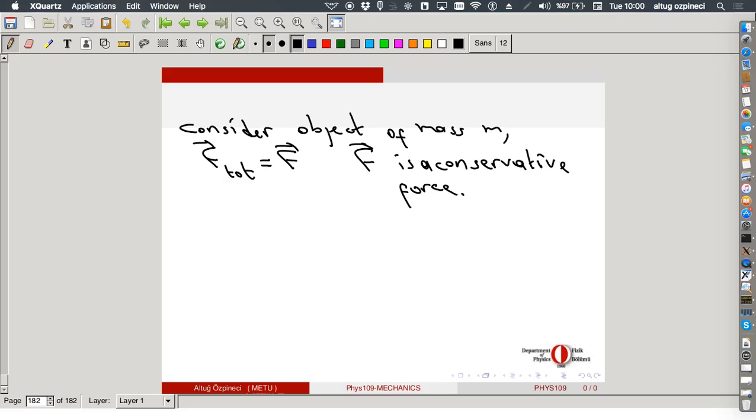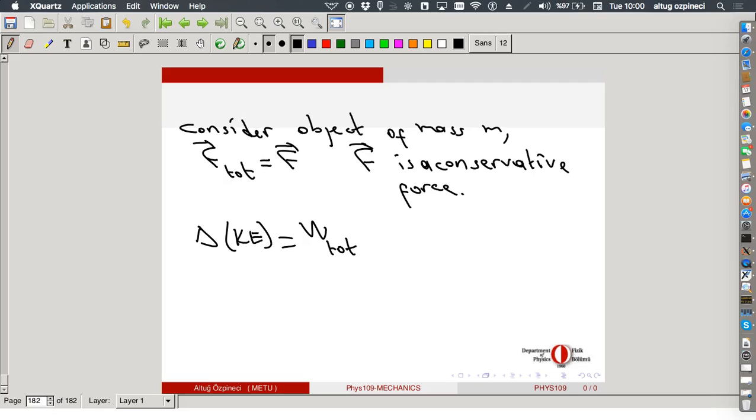So my object is just moving around, and I can talk about the change in its kinetic energy. Now the change in the kinetic energy of an object is always equal to the total work done on the object. This is always true.